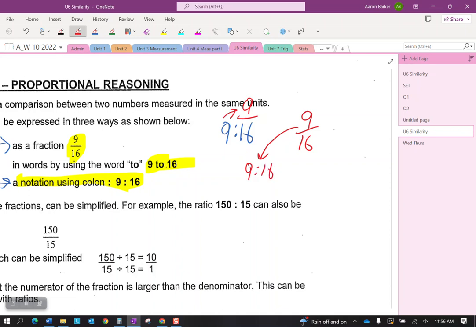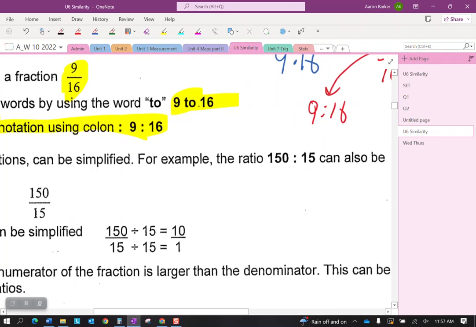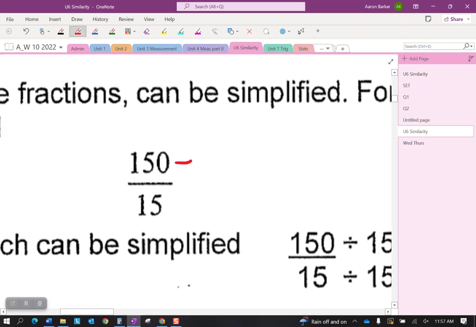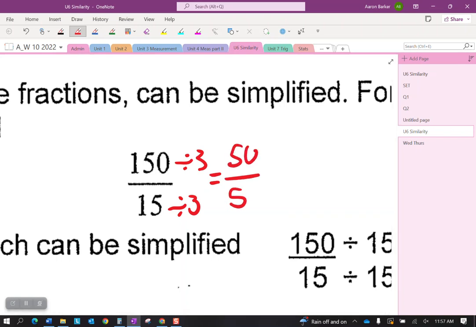Now it's kind of like a fraction, so you can reduce it to lowest terms. So we have 150 over 15 right here. We can divide this number by 3, both the top and the bottom, and reduce our fraction, and we get 50 over 5. And then you can reduce it again, divide by what? 5, divide by 5, and you get 10 over 1.